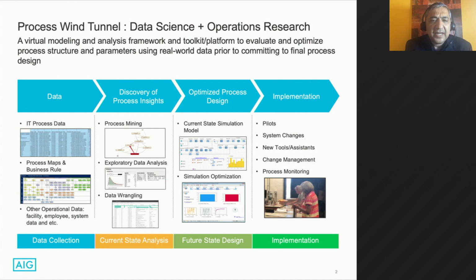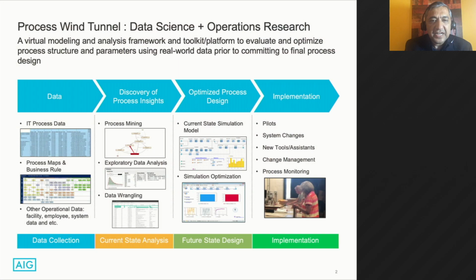And then there are some more static operational issues. If there are people working there, what's the nature of the facility, how many people are there, what their skills are, what their hours of operation are, and the like. So that's a fairly extensive data collection effort that precedes the analysis and optimization work, and we broadly just call it the data collection phase.